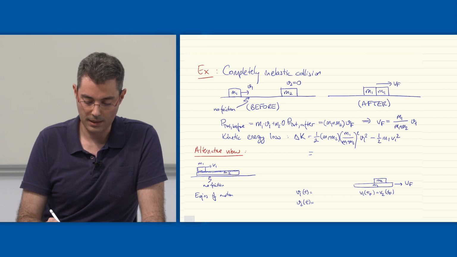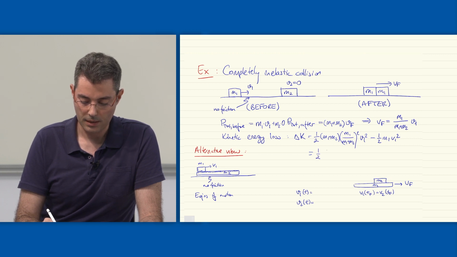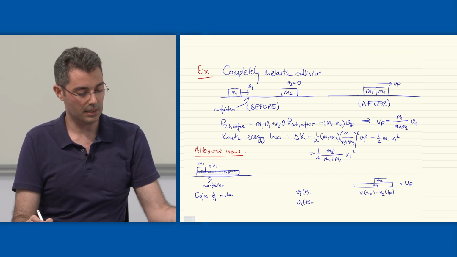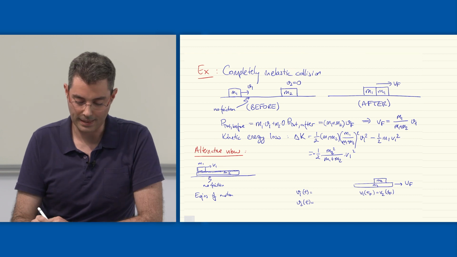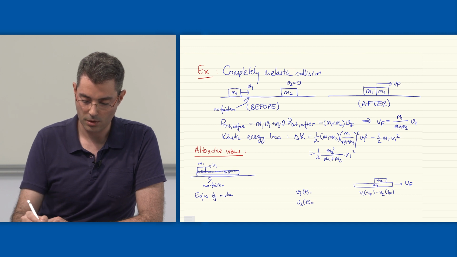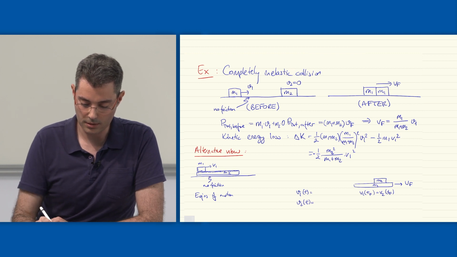So let me write this as 1/2 m1 m2 squared divided by m1 plus m2 times v1 squared. And of course, we will have a minus sign, which is indicating that this is a negative change in kinetic energy. But I think I have made a mistake when subtracting, so let me correct this quickly.